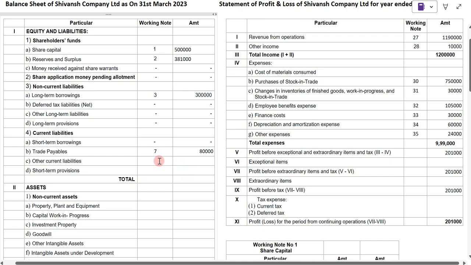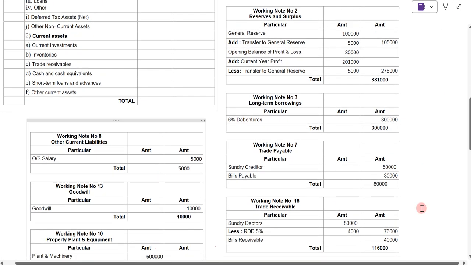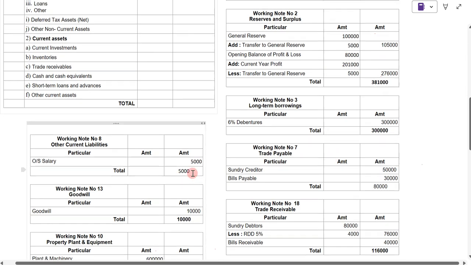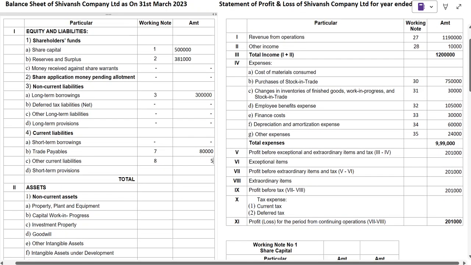Next, note number 8. Other current liabilities, total is 5,000. Add all the liabilities, 5 lakh plus 3 lakh 81,000 plus 3 lakhs plus 80,000 plus 5,000. The total liability we will get 12 lakh 66,000.